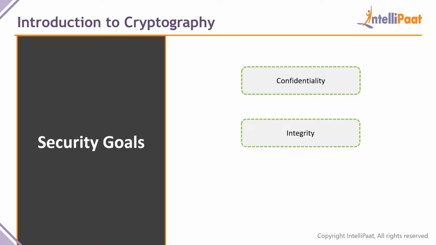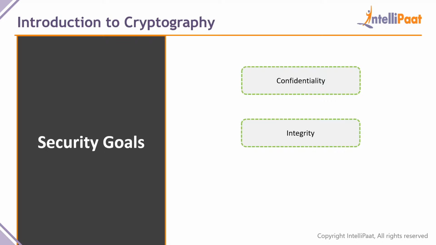The second is integrity. Now, integrity means that the data should have its original meaning, should have its original structure when it reaches the recipient. So if you write something in the beginning, right, and you convert it into cipher, when you send the cipher over to the recipient and the recipient deciphers it, converts it back into plain text, the plain text should represent exactly what the sender sent in the first place.